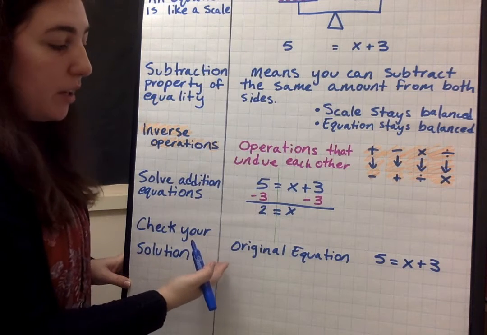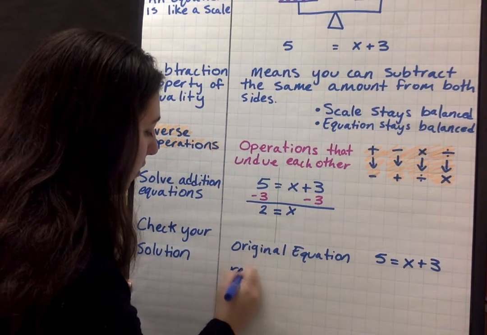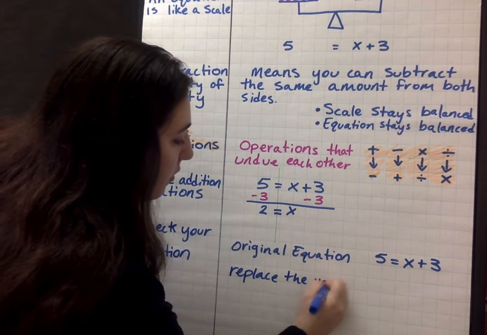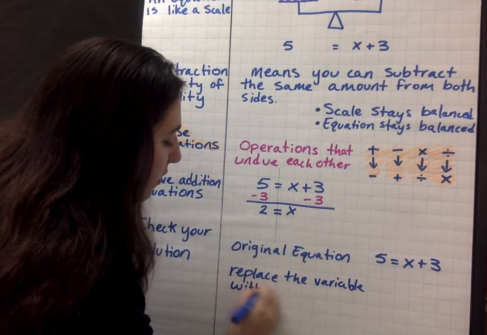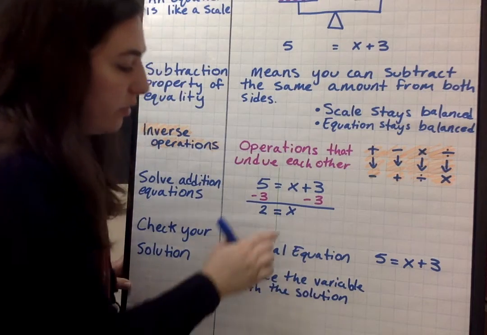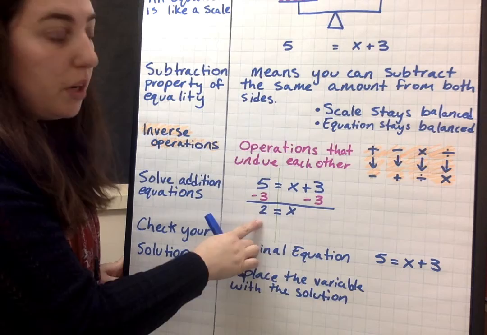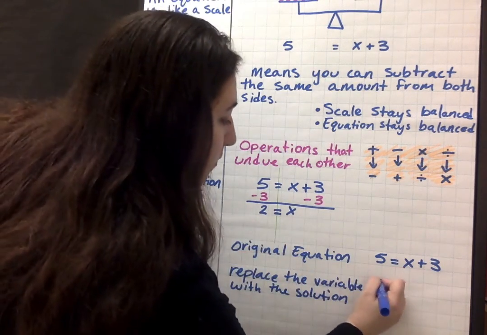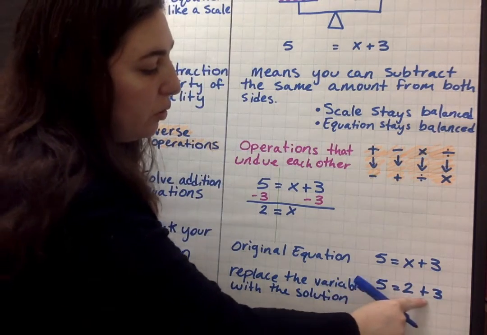And now after we've written our original equation, we are going to replace the variable with the solution. Okay, so here's our variable, and we know that our variable equals 2. So we are going to replace our variable here with the solution. So 5 equals 2 plus 3.